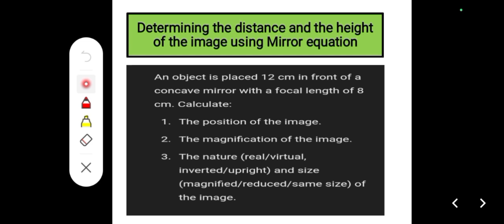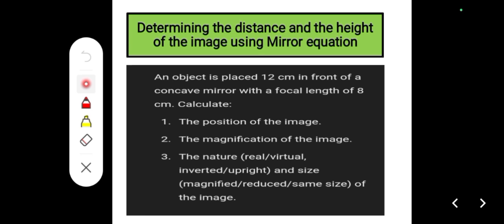From this, you're going to calculate first the position of the image, meaning the distance of the image from the mirror. Second, the magnification of the image. How many times is the image magnified, or is it magnified or reduced in size?